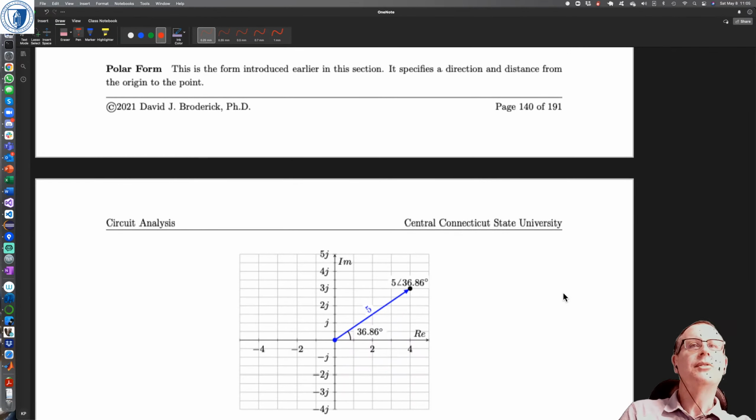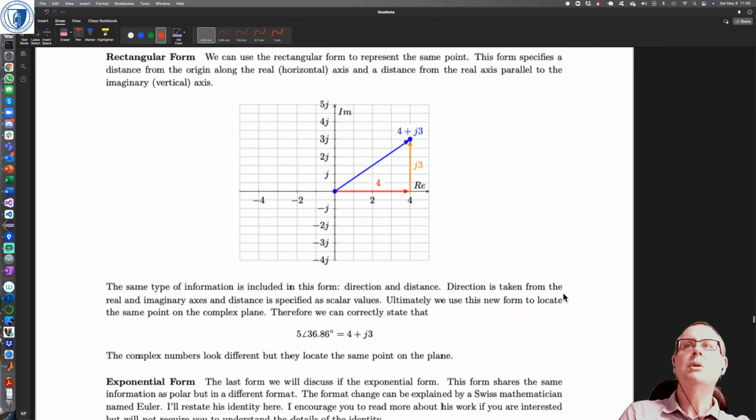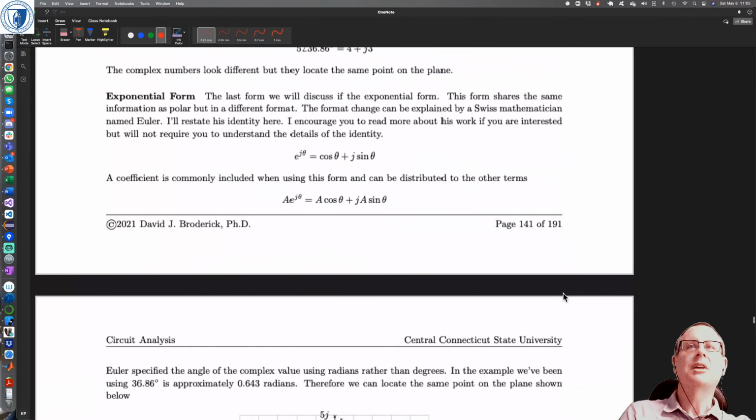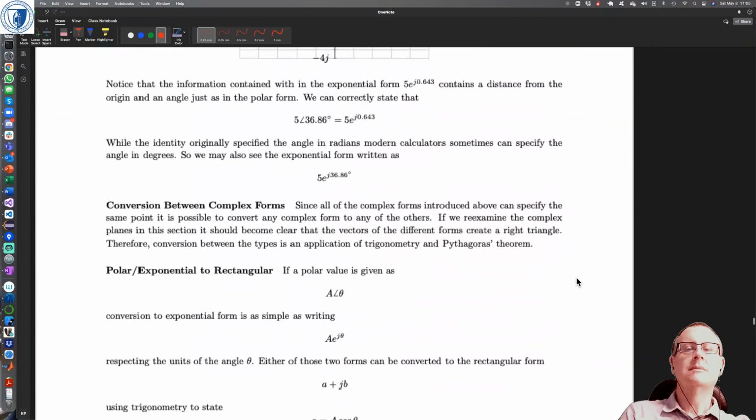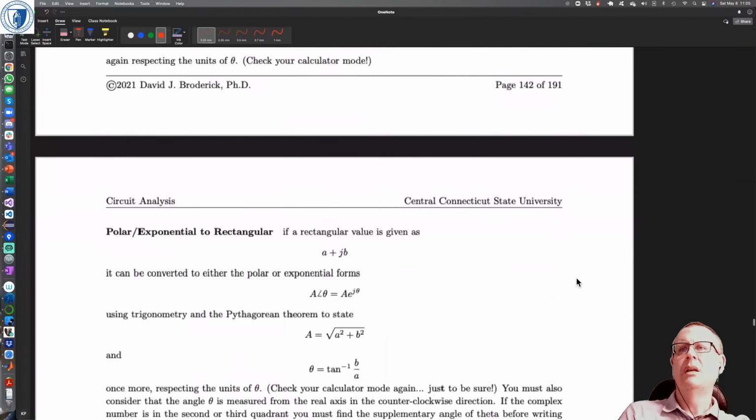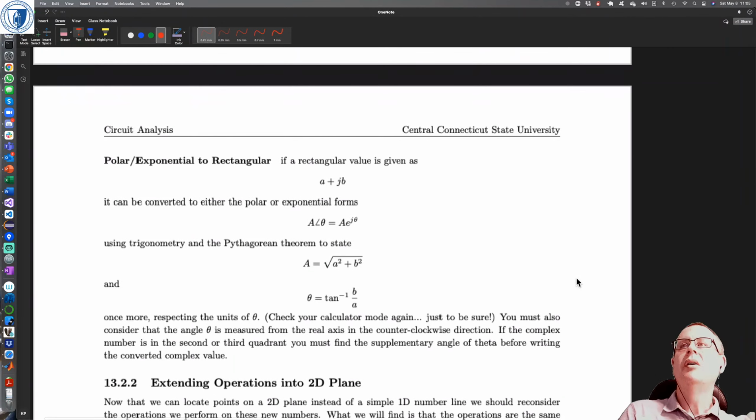Okay, and then the rest of this just goes through polar, rectangular, and exponential form. Right, and if you want to convert from rectangular form to polar form, then you can just do this.